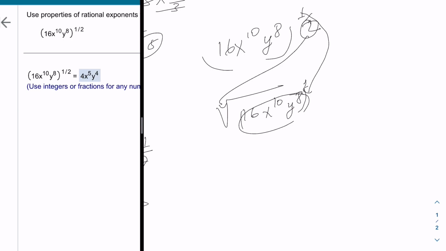So we have 4 square, then x, x squared, 5. Oh, sorry.